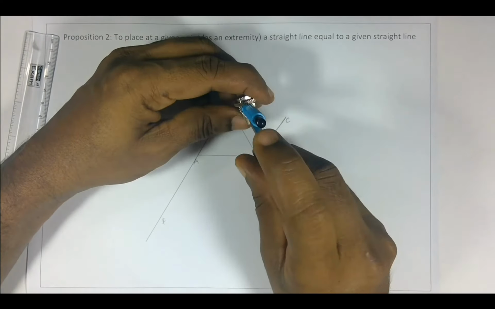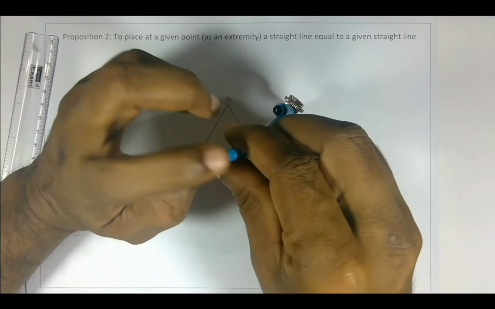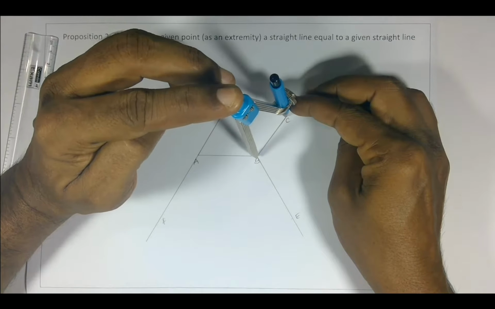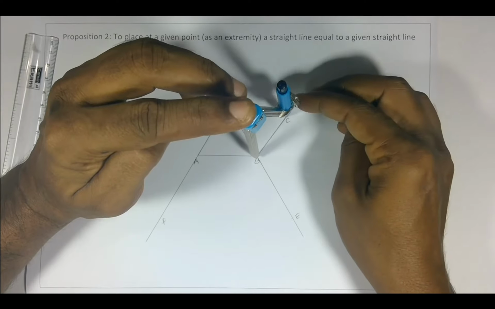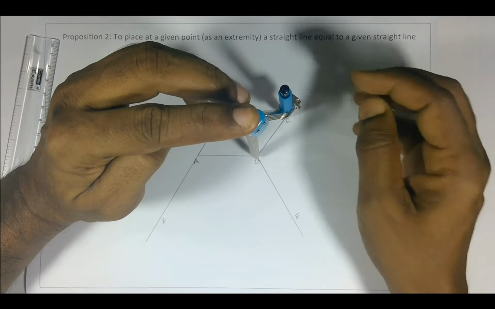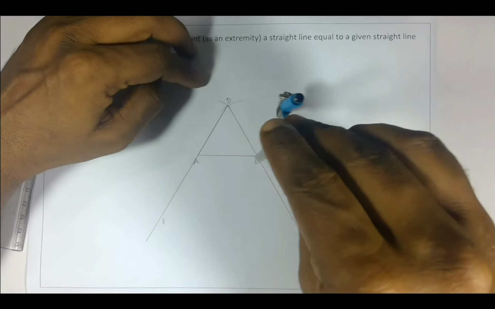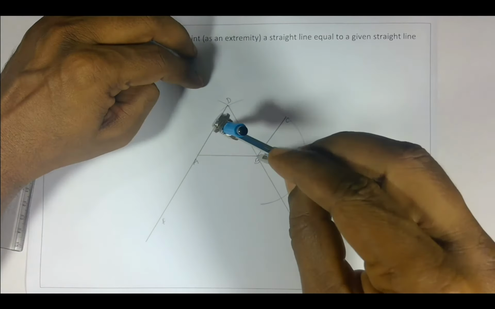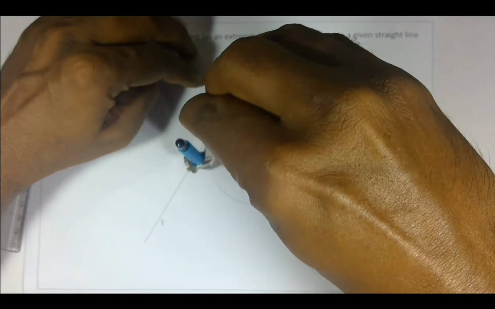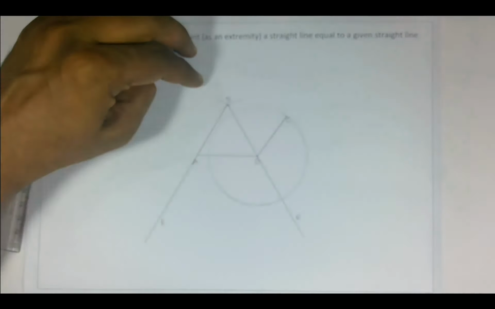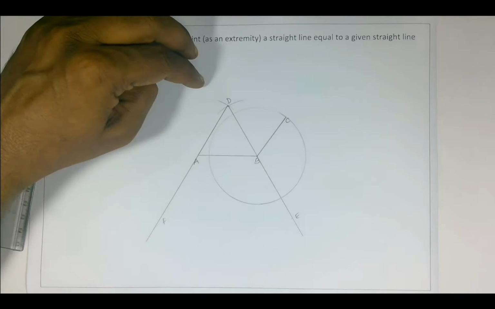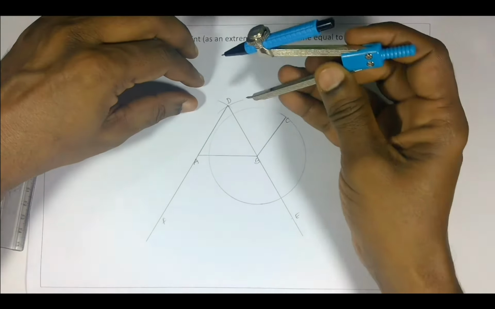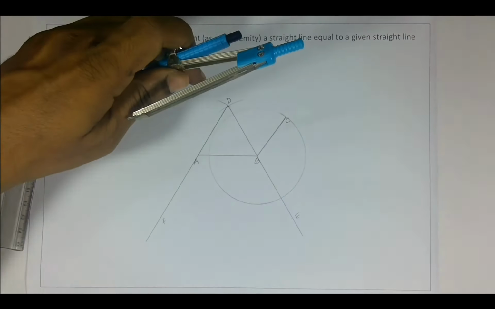So again, let's map this compass to this line and let's draw a circle. Okay, now we have a cutoff point.